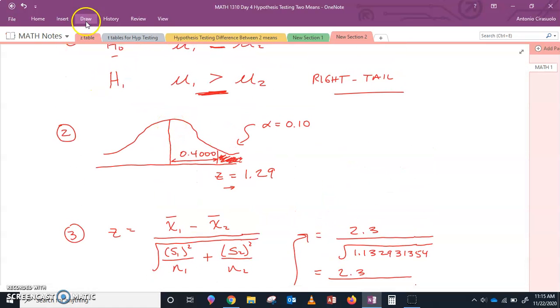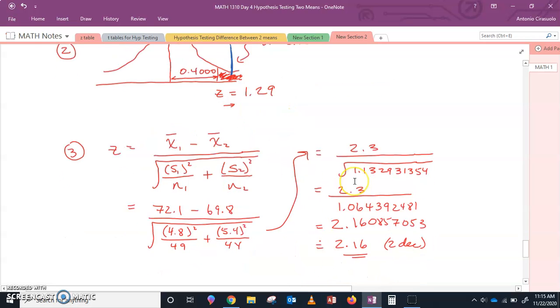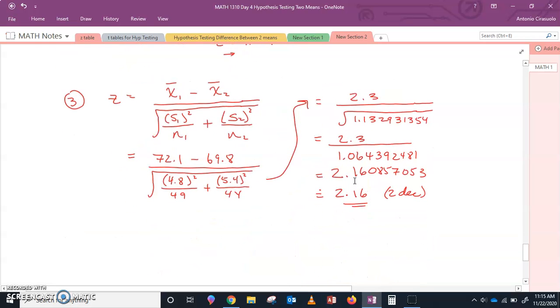So, plotting that into our curve up here, 2.16 is in this region here. And you can see that it's in the rejection region, which means our decision would be to reject.